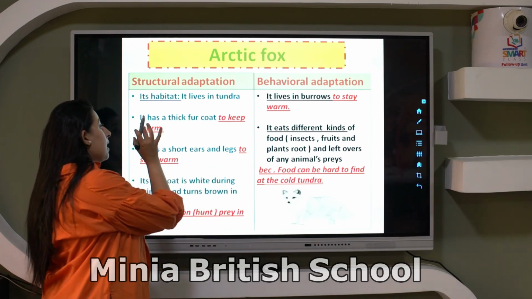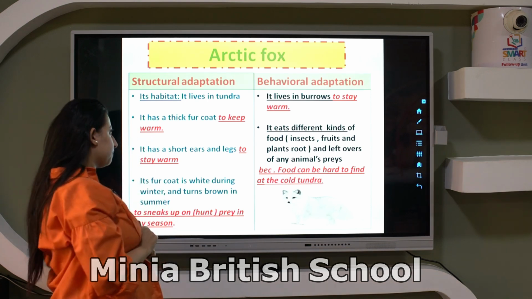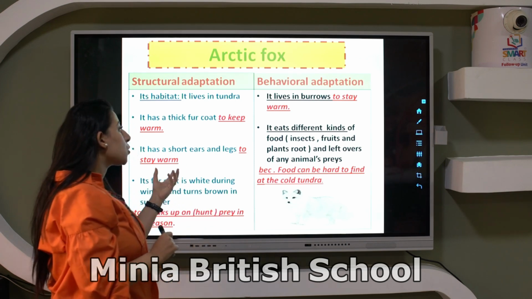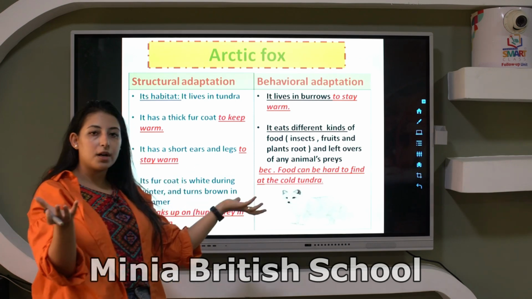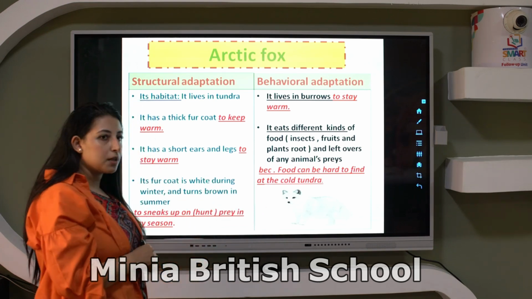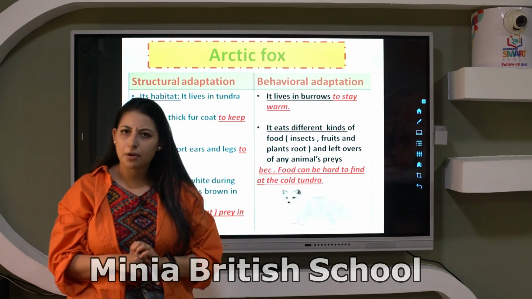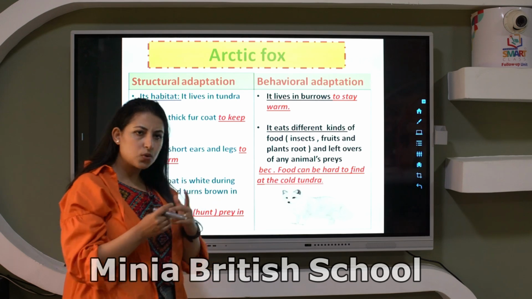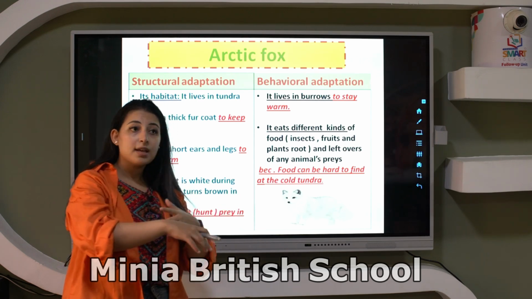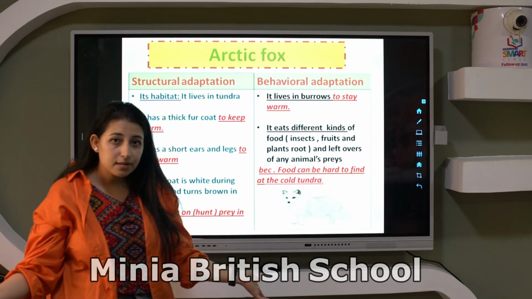Okay, so what is its structural adaptation that God created for it? God created for it a thick fur coat to keep its body warm in the winter season. What about its color? Its color changes into brown in summer. It has two colors? Yes. As the color of our skin on the beach seems darker than our skin in winter, right?